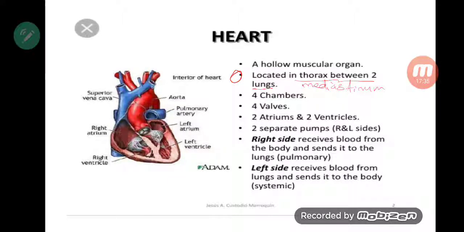The heart components are four chambers: right atrium and left atrium, right ventricle and left ventricle. Four valves: tricuspid and mitral, and pulmonary and aortic.